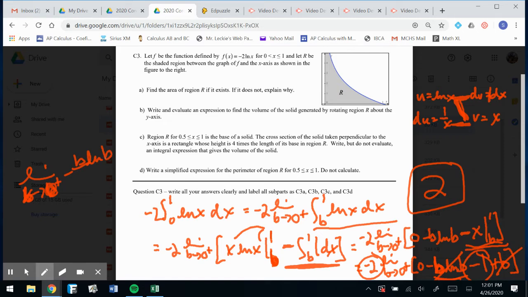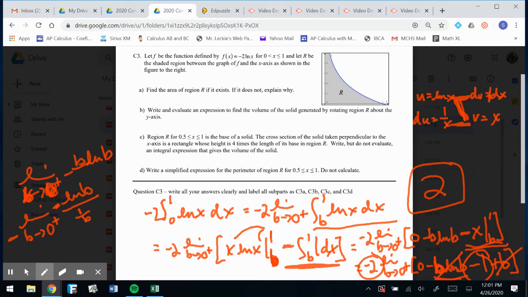And the interesting thing about that is I could rewrite this problem as the limit as b approaches 0 from the right of the natural log of b over, let's just bring the negative on the outside so we don't have to worry about it, 1 over b on the bottom. So it's kind of like I have a top and a bottom. Does that kind of make sense, class?